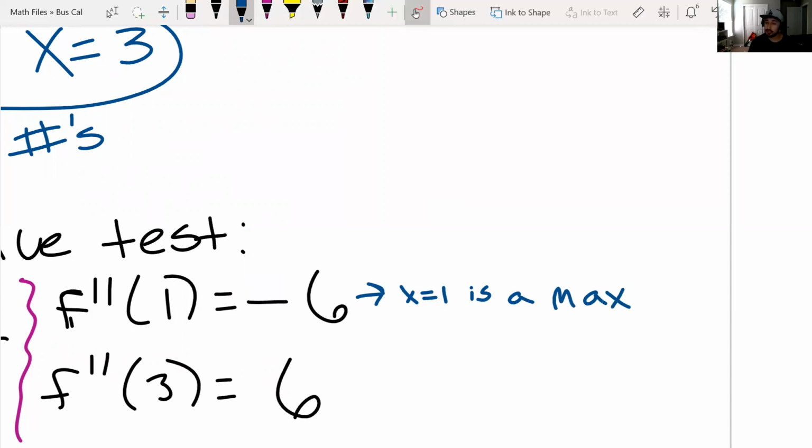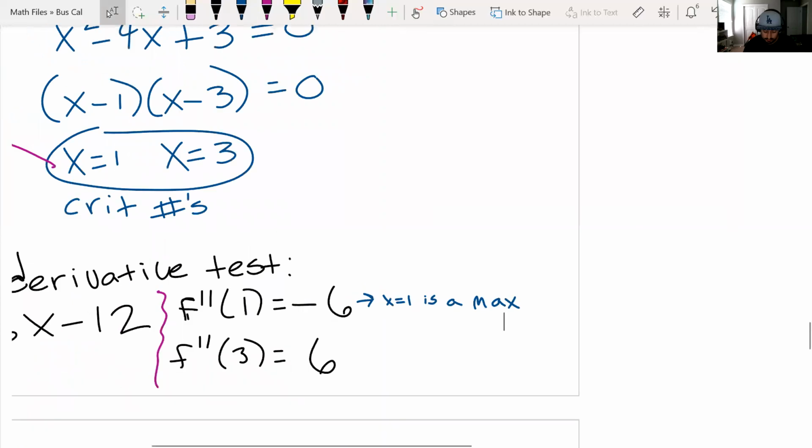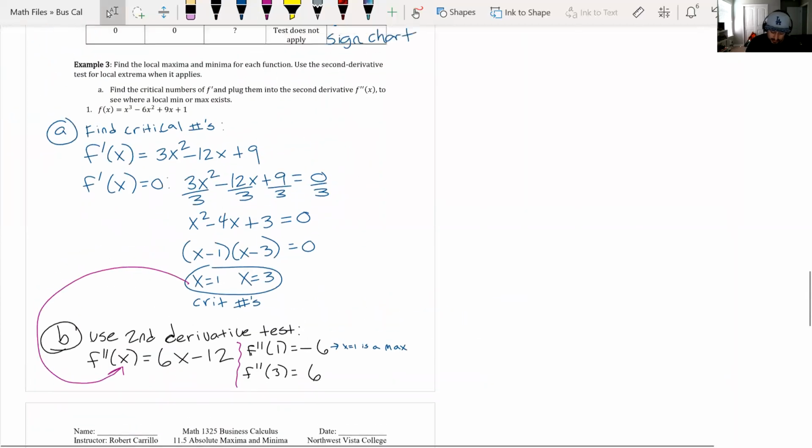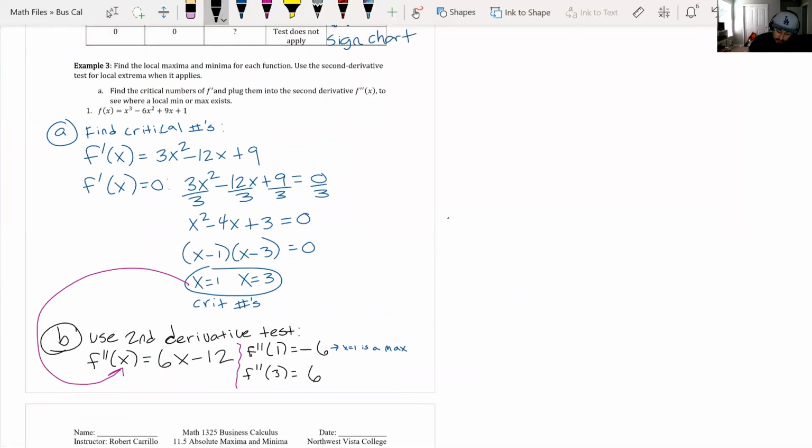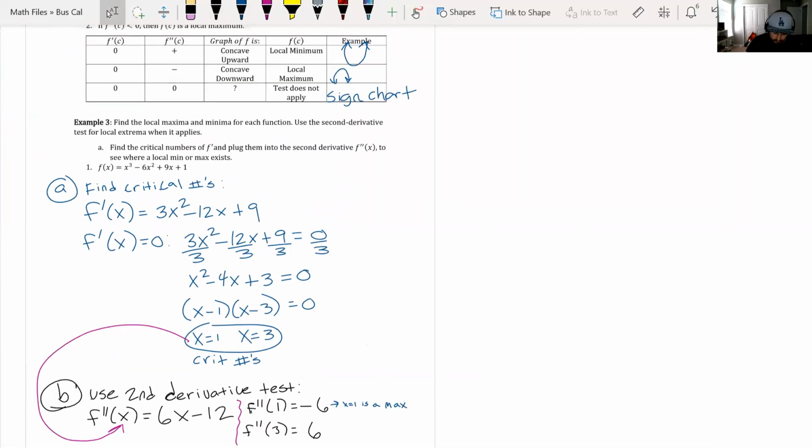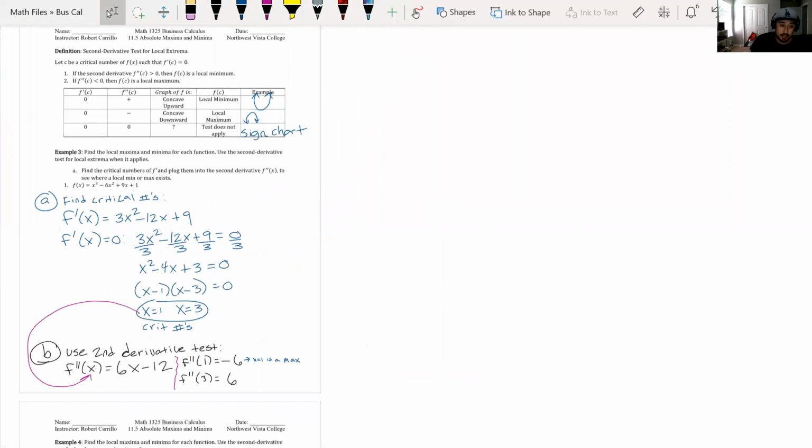Which means, I bet you can guess what is going to happen for the next one. But I'll go over it with you anyways. Let's look at it again. Now look at it. At f double prime of 3, we get a positive 6.